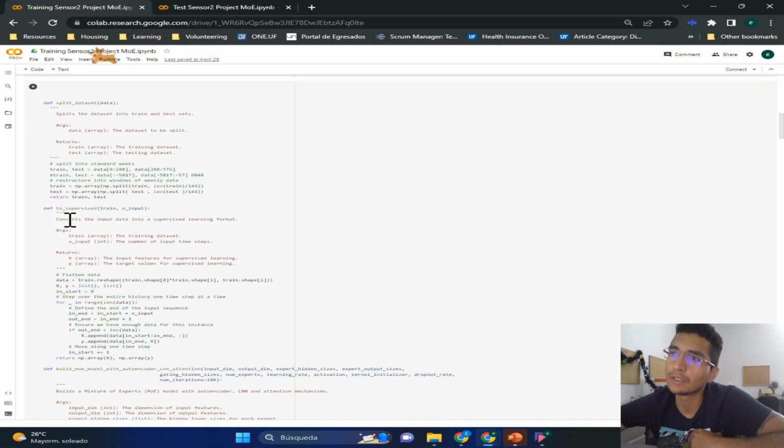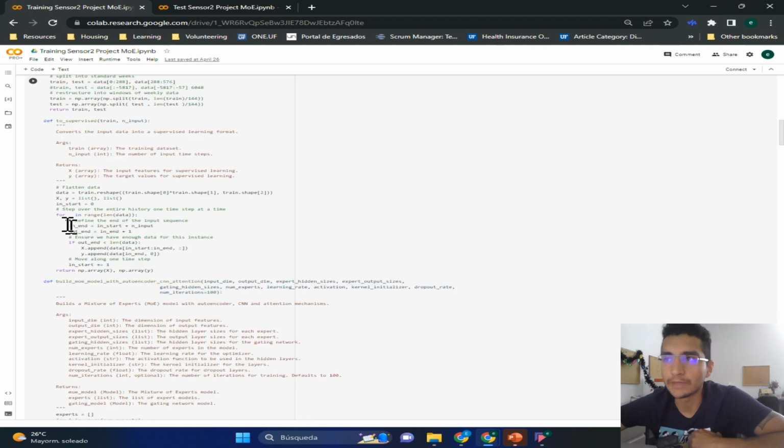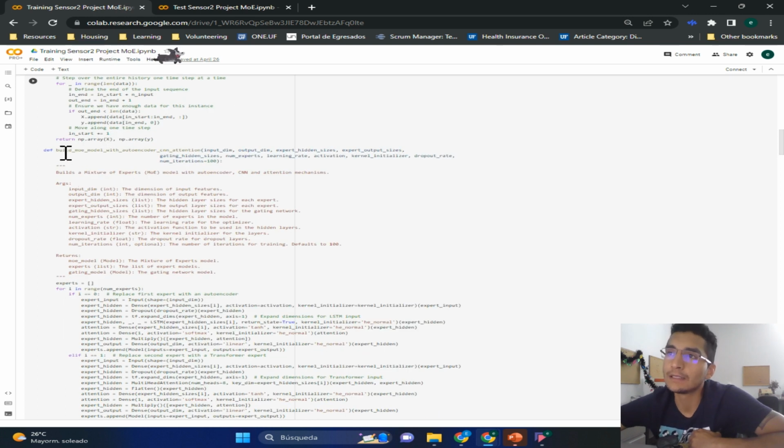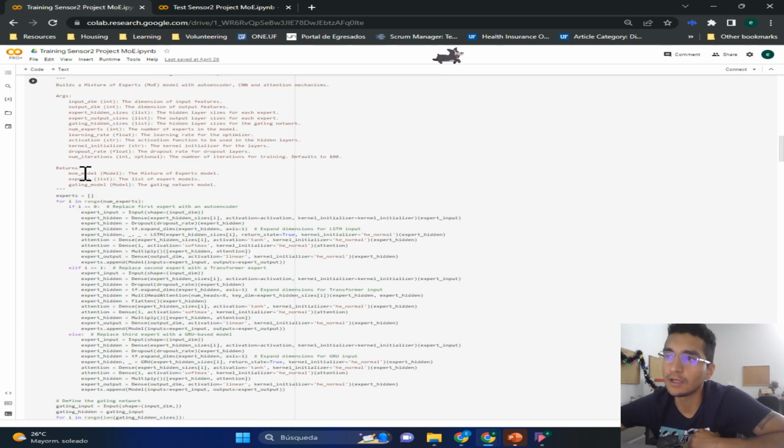Then we have this one that allows us to change from vectors, which is the format in which we get the time series, into tabular data. That is the shape that we need inside the model. Then we have the mixture of experts itself.